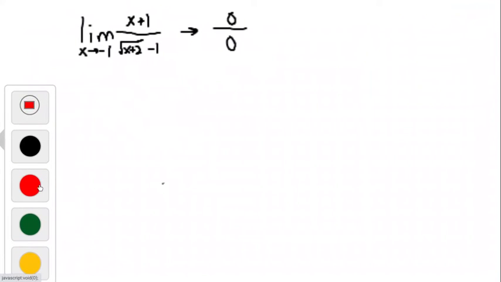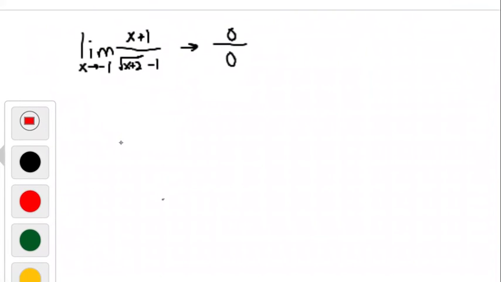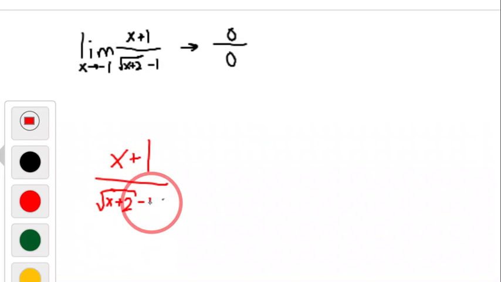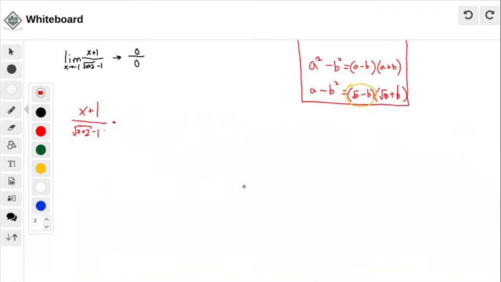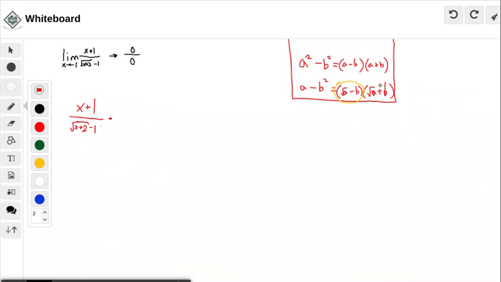So I'm going to work in red. So we have x plus 1 over the square root of x plus 2 minus 1. And then we are multiplying that by essentially the conjugate of the square root of x plus 2 minus 1, which is the square root of x plus 2 plus 1.